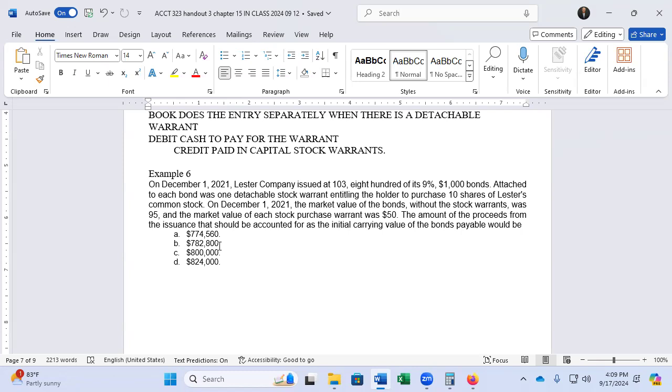So let's look at what we've got here. 800 times 10 shares, it's going to be 8,000 shares.